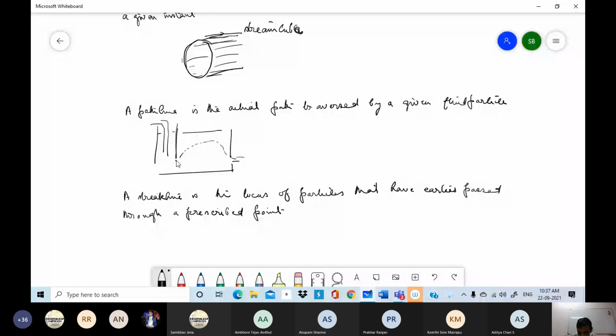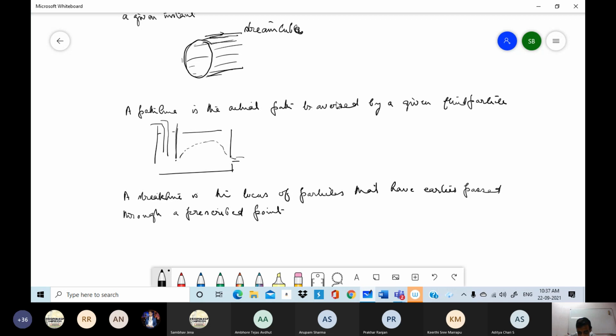The particle which was injected at t equal to 1 will be somewhere here. At t equal to 2, that will be somewhere here. So this is a set of points, a set of particles which earlier were at this point at some earlier instant of time.